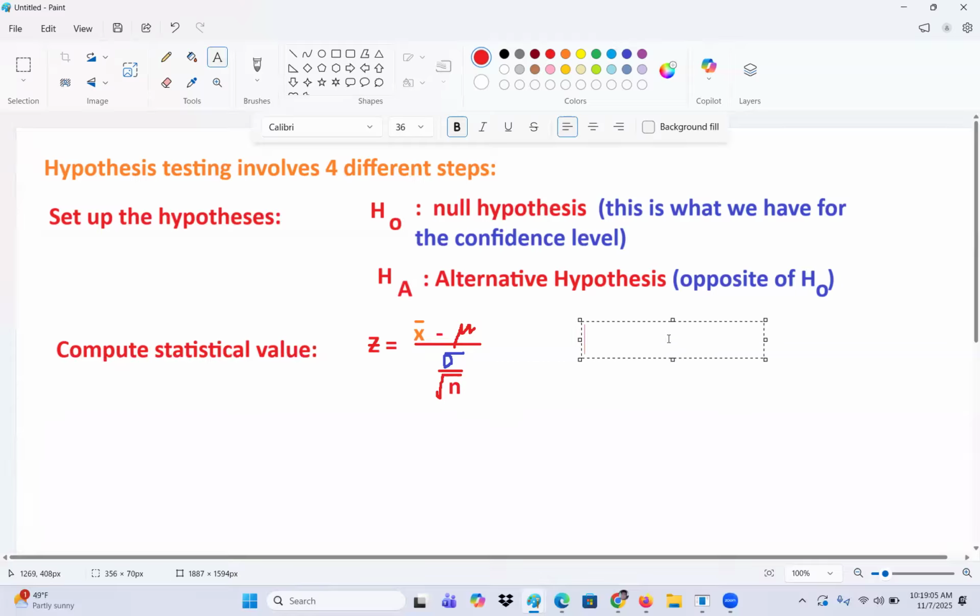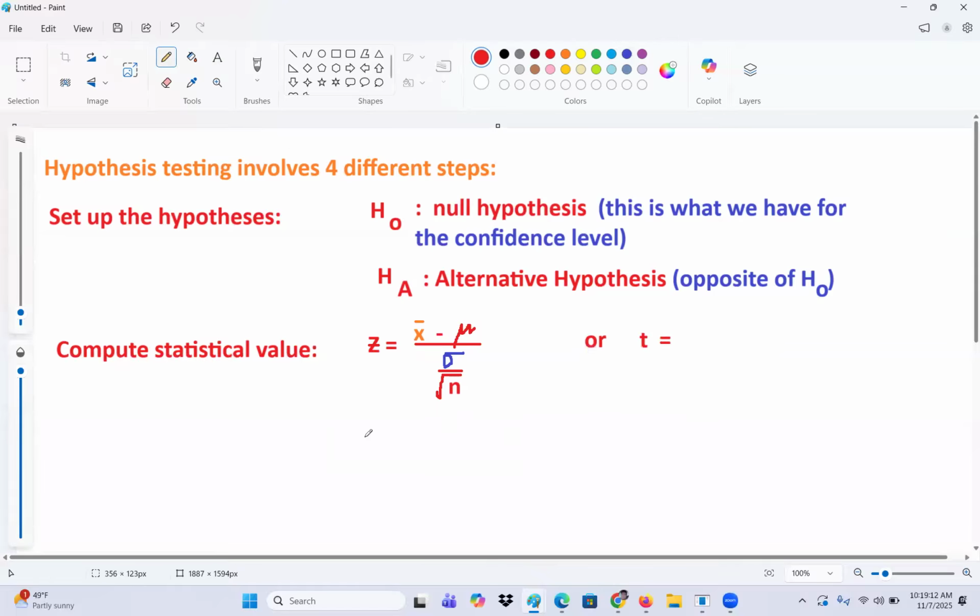Or we can also do the t-score if sigma is not given. The z-test is for when the population standard deviation is given.